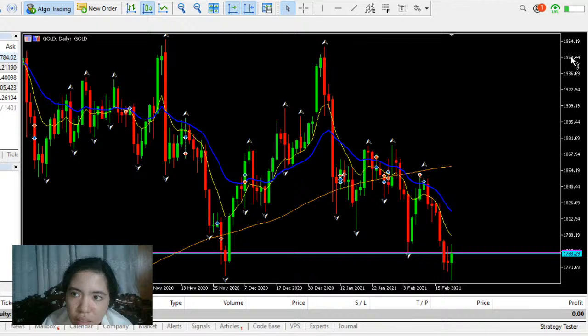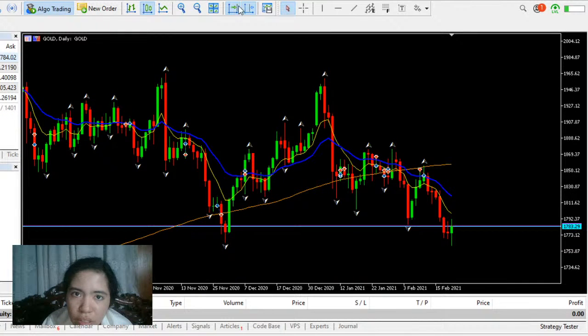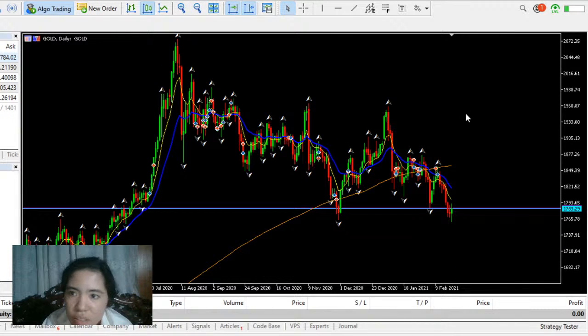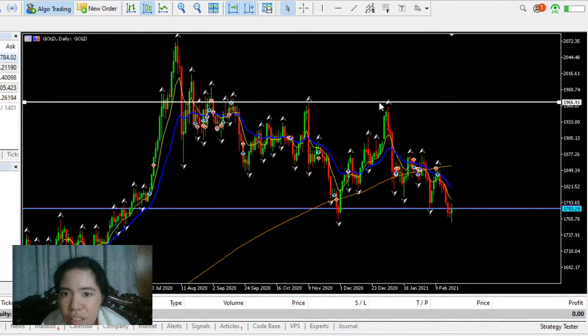And then, well, the retracement of gold is kind of far. It bounced from 1783 and then retraced here to 1966.